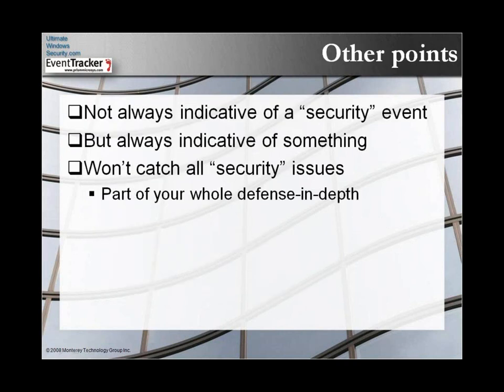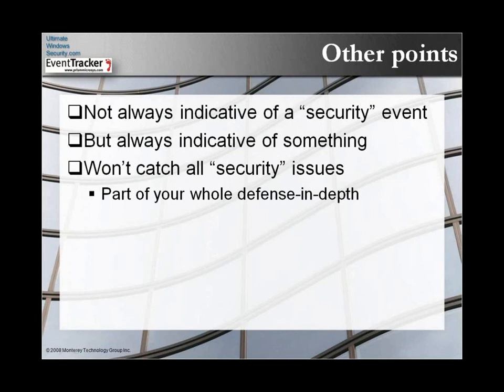So just a few other points before we dive down into these examples, and that is, anomalies, that's what we're talking about today. Anomalies are not always indicative of a security event, but they're always indicative of something, right? Because something caused that anomaly to jump up. And it may very well be legitimate. It may be an operational problem, or it may be a security issue.